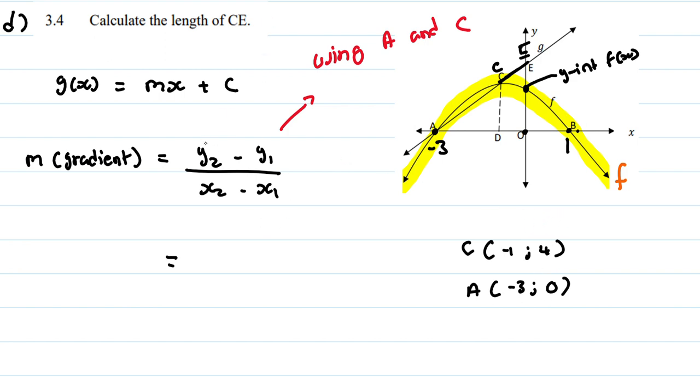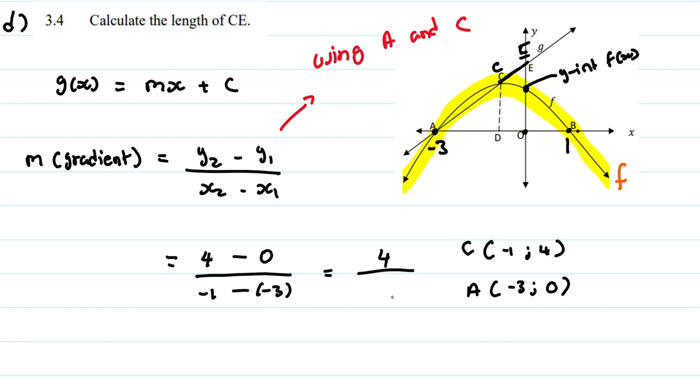So the second y, y2, which is 4, is up there. So we're gonna say 4 minus 0. And then we say over, we're using x now. So we have x2, which is x at C. So we have -1 minus -3.